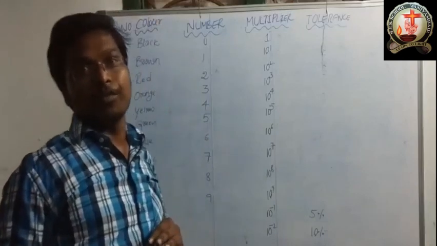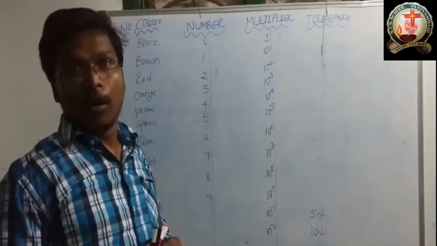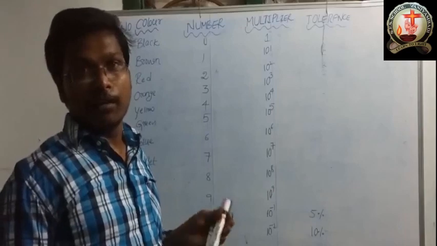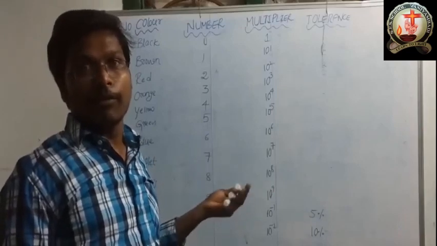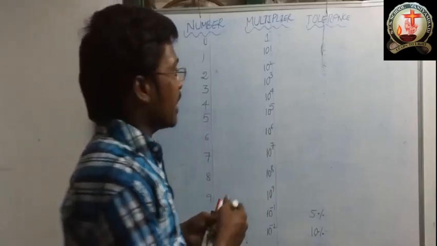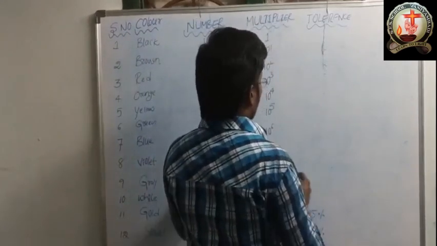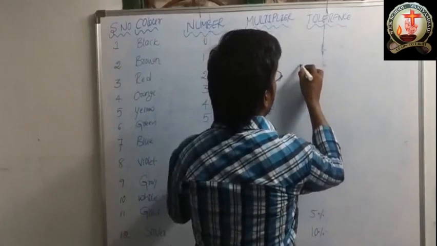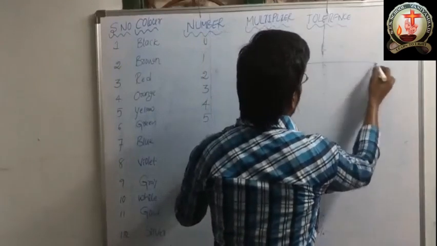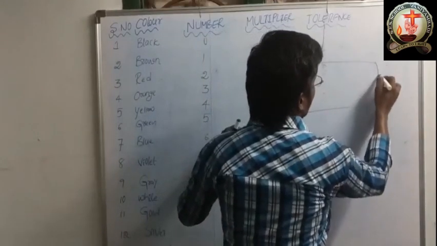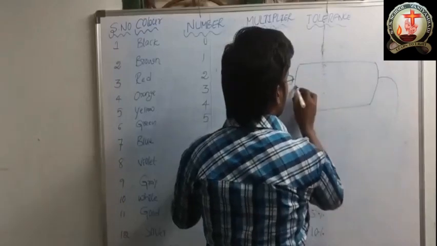How? I will give you one example. We should find any one carbon resistor value. See, I am taking one carbon resistor here. This is the carbon resistor.